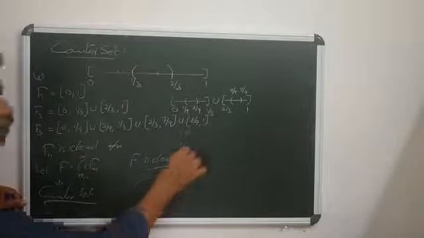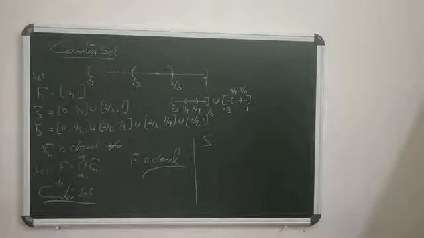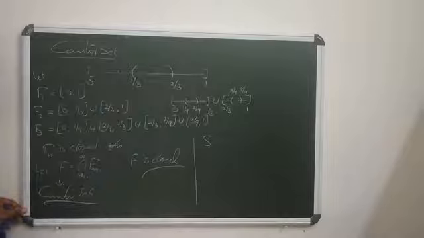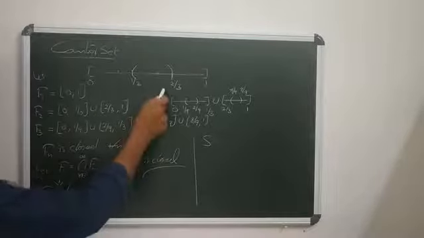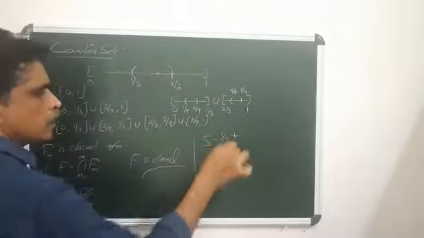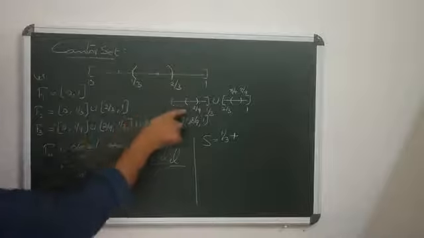Now let S be the length of the intervals removed from closed interval 0, 1. What is the length of the first middle third interval? The removed first middle third interval is open interval 1 by 3, 2 by 3, whose length is 2 by 3 minus 1 by 3, which is 1 by 3. Plus, what is the length of 1 by 9, 2 by 9?